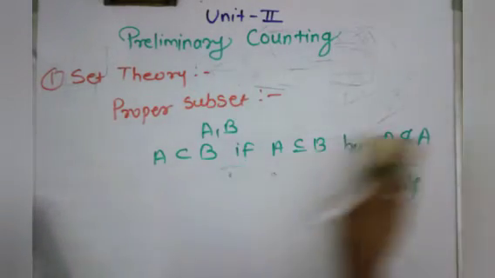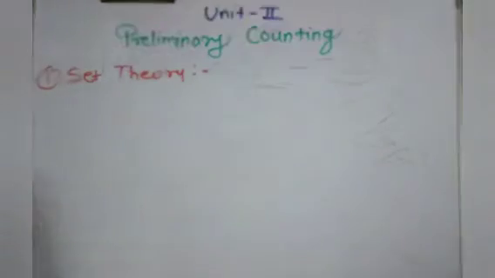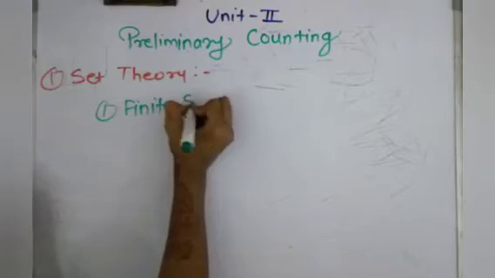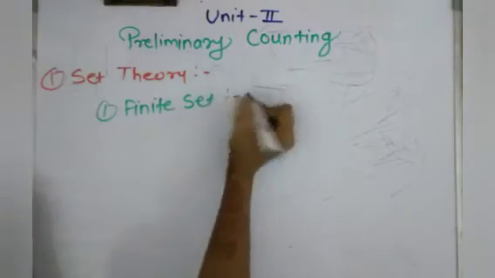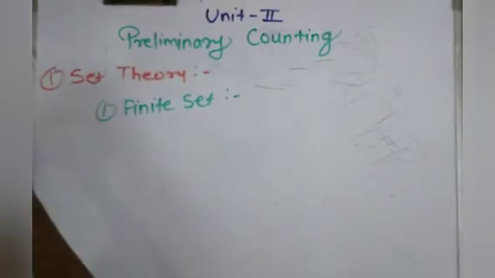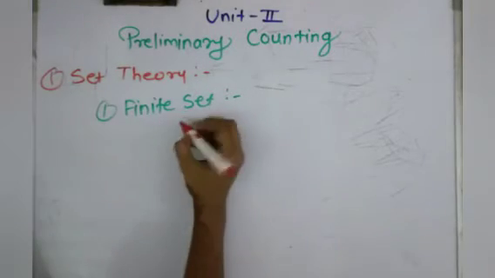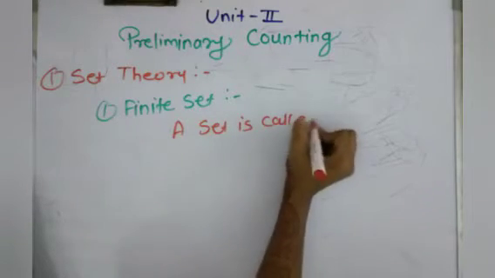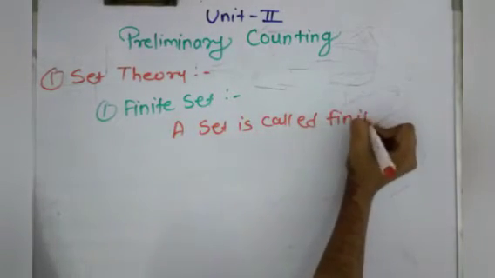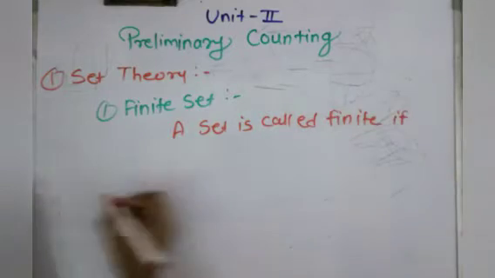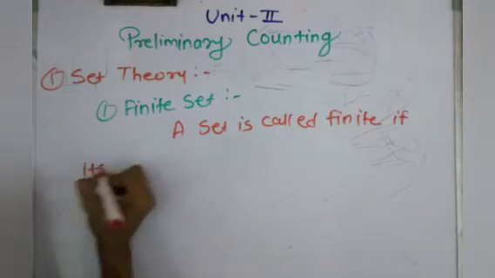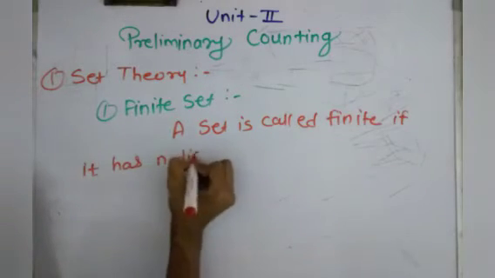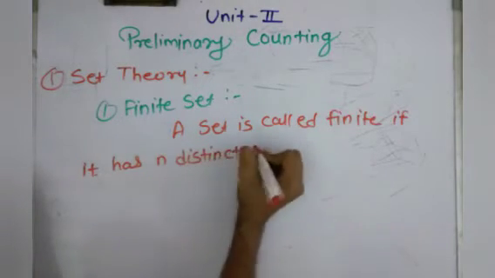Now there is one more type, finite set and infinite set. A set is called finite if it has n distinct elements.